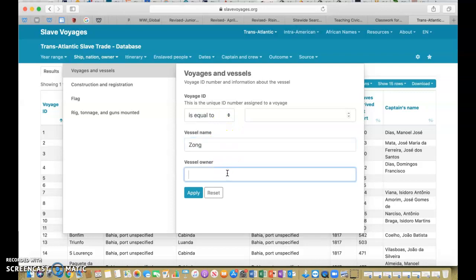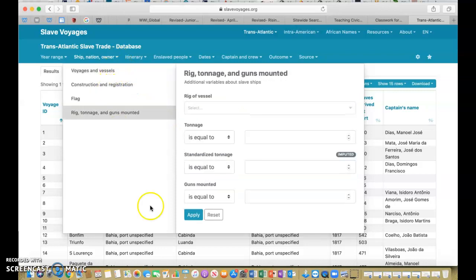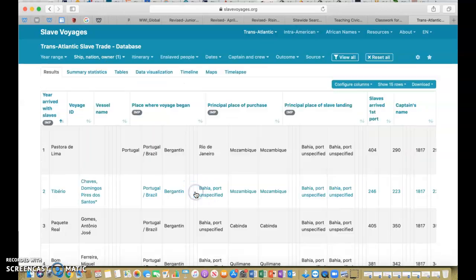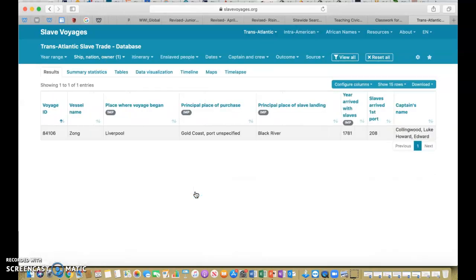We don't want to do the owner, sorry. So I typed in the Zong, and I'm just going to hit apply and see what happens. Hopefully something will come up. Okay, so voyage 84106, there's the Zong. Liverpool, Gold Coast, Black River, 1781, and it says Luke Collingwood.